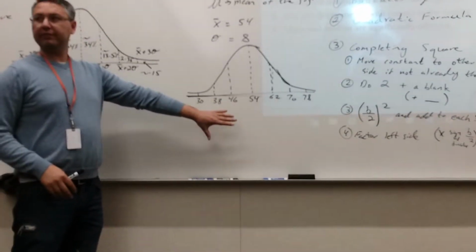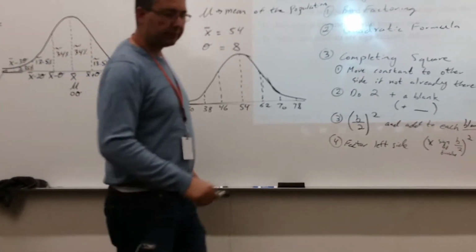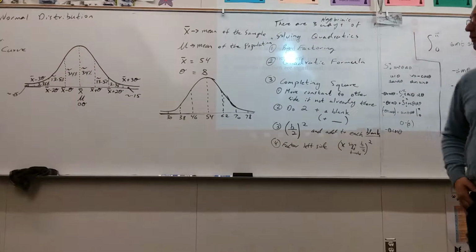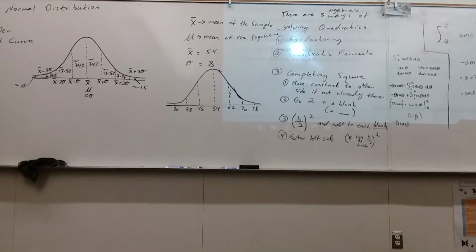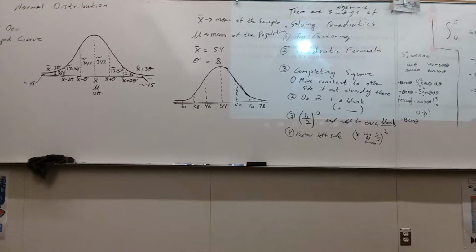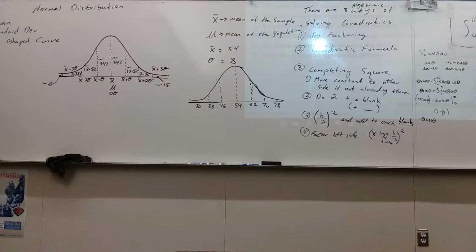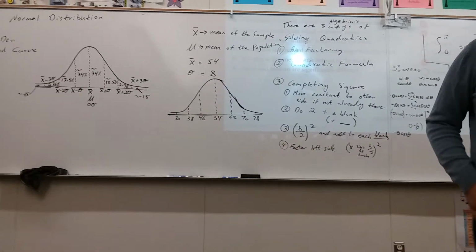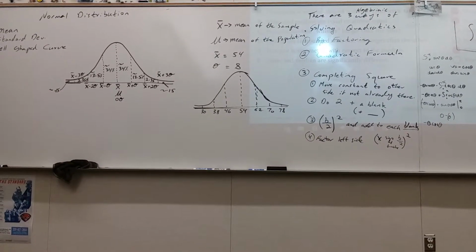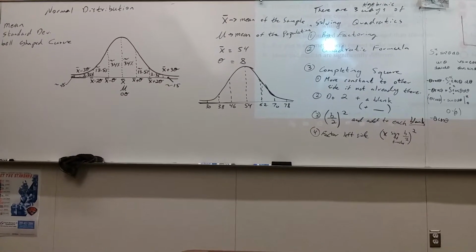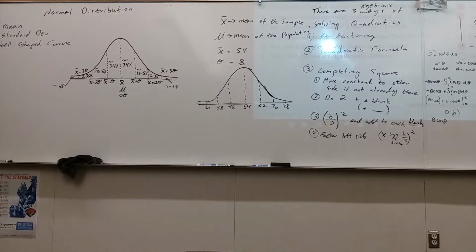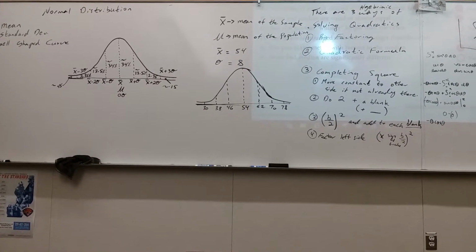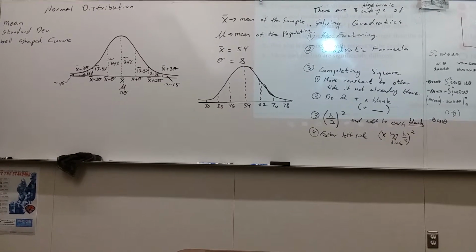Okay, question for you. Let's just say this is a score. What percentage of the people scored between 54 and 62? 34%. 34% is exactly right.